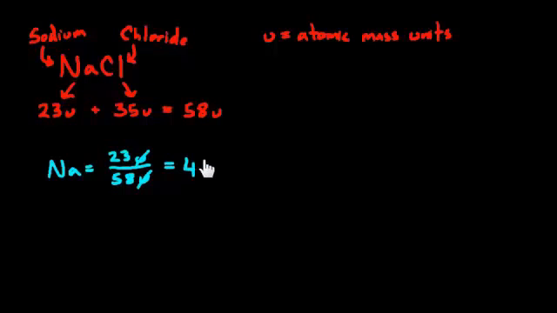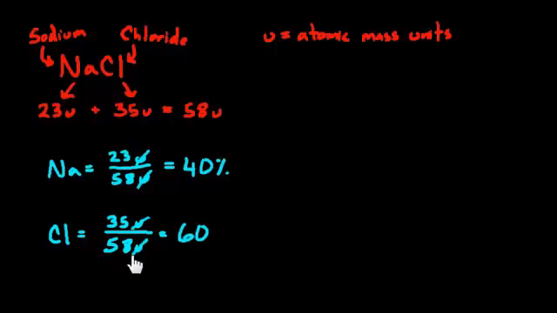So that means about 40% of the weight of salt is actually coming from the sodium part, and the chloride part is the rest of it. So I've got 35 units over 58 units, and that is about 60%. And again, the units cancel out, 60%. So I know that in salt, 40% of the weight is coming from the sodium, 60% from the chloride.